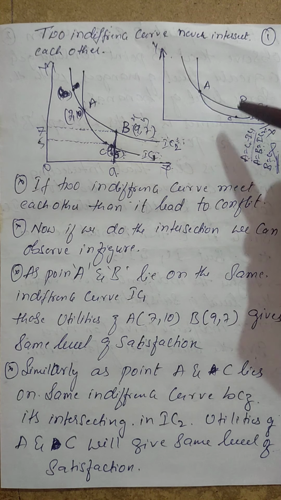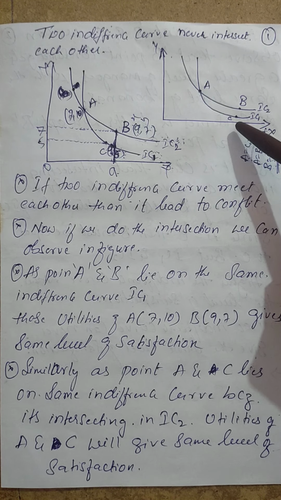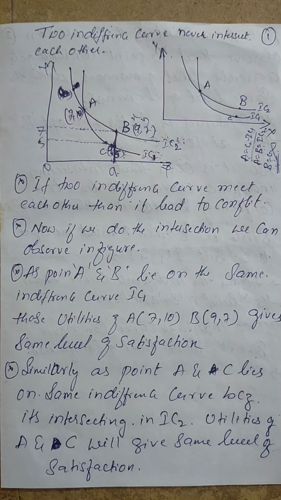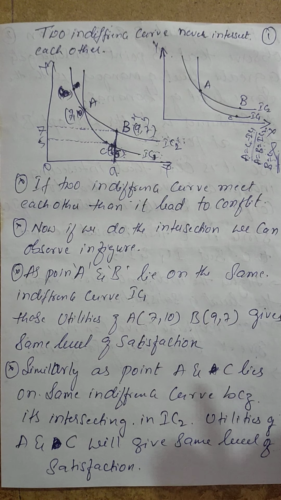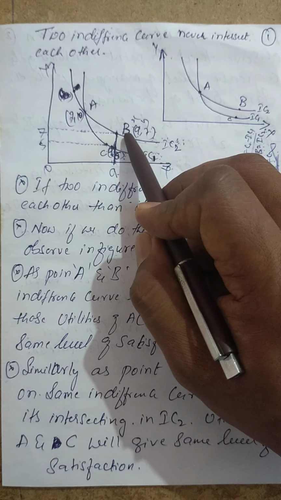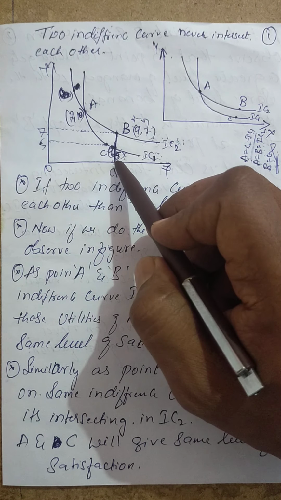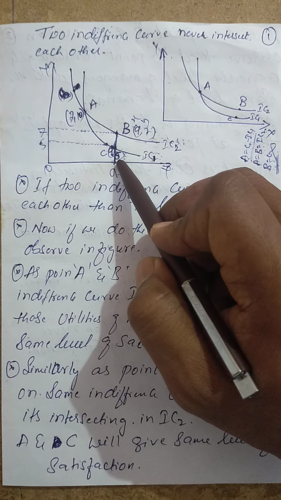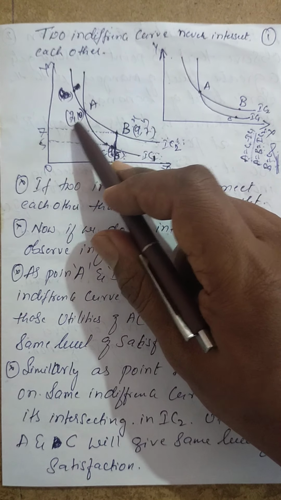So the points A, B and C have different combinations of purchase by the consumers. A is 7 comma 10, B is 9 comma 7, and C is 9 comma 6.